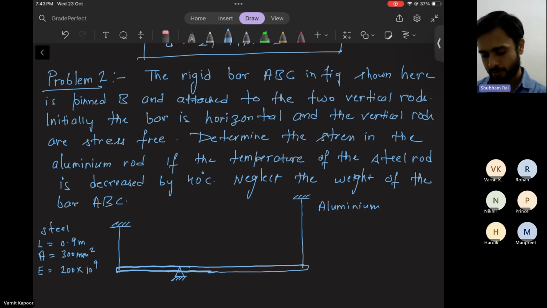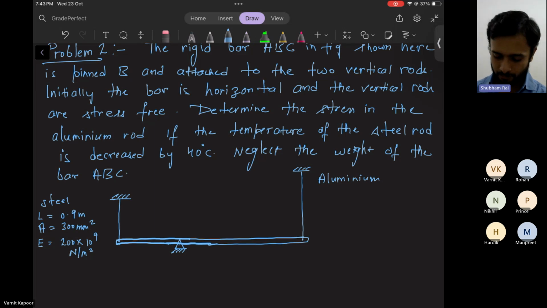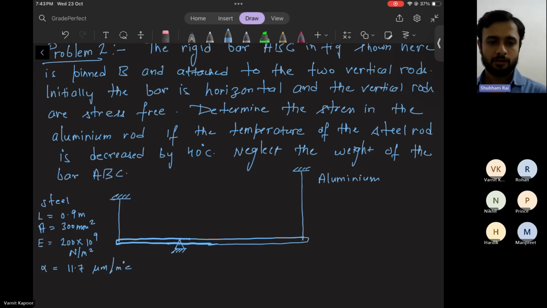This will be 200 gigapascal, right? So this is Newton per meter square. Okay. This is Young's modulus, and then you have the coefficient of thermal expansion, which is 11.7 micrometer per meter per degree Celsius. Okay. You have these properties for steel.